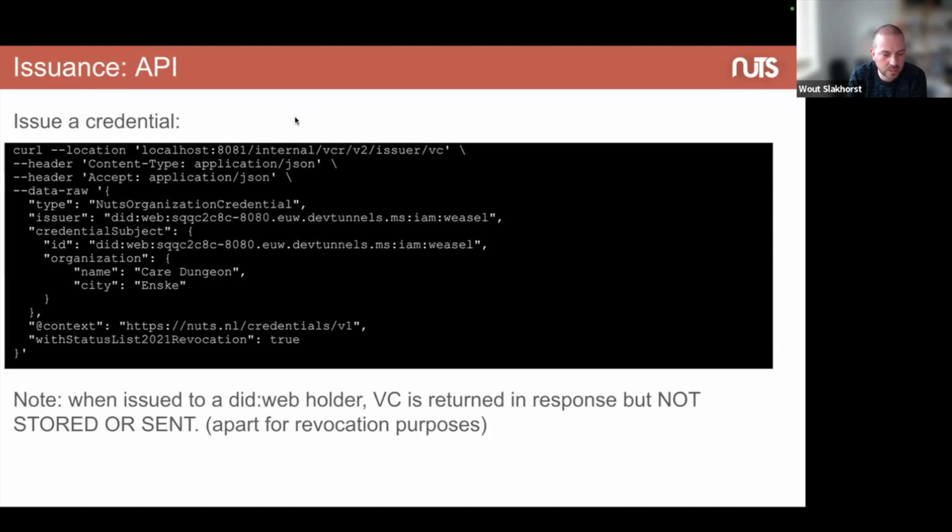So when issuing to a DID web, you just get a credential in response. Nothing is stored or sent over the network. That is the default behavior from version 6 and forward. You might also notice that the DID webs I'm using here in this example have a very curious URL.